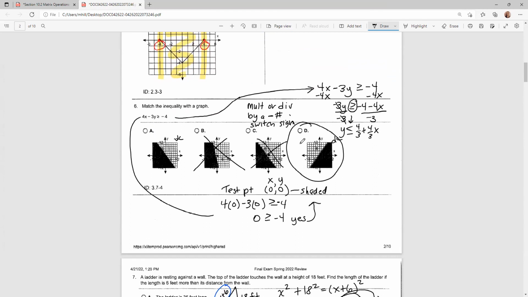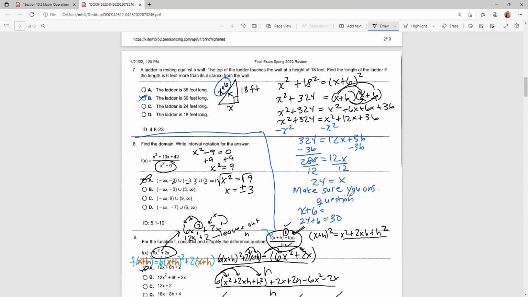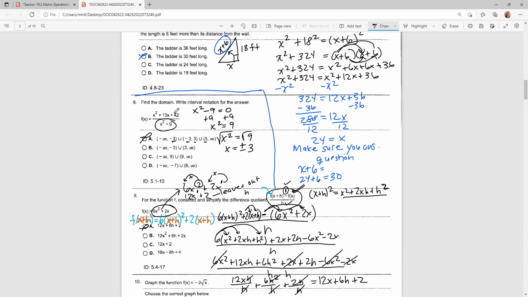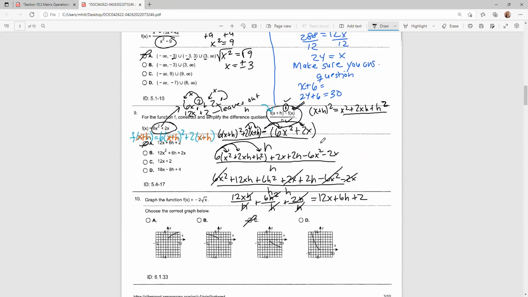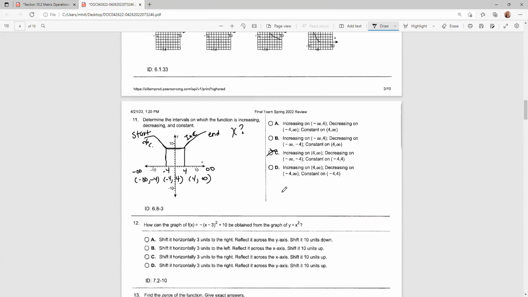You need to make sure you can solve that, you know how to make the graph, you know how to do the test point. 7 is a matter of following these steps, making sure you know how to set up the problem and make sure you actually answer the question and not quit before you're done, I guess. 8's not bad. 9 gives people fits just because of all the math that's involved in plugging that stuff in. 10's easy, 11's pretty easy. So again, it's not the hardest of the hard questions, but you want to make sure you practice and study for it. Focus on those ones you don't know.